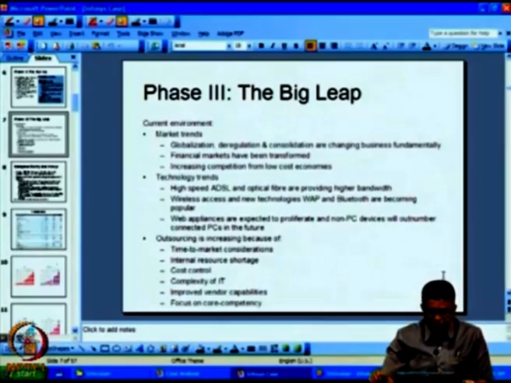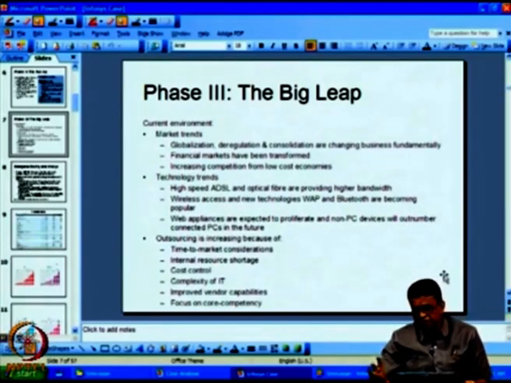The market trends, what does it say? Points to globalization, deregulation and consolidation. These are changing business fundamentally. Then financial markets have been transformed. Then there is increasing competition from low cost economies.